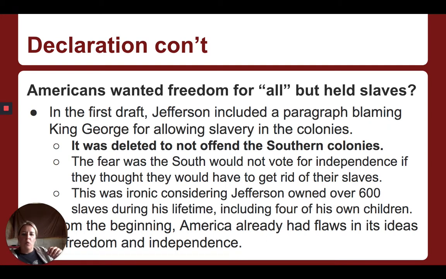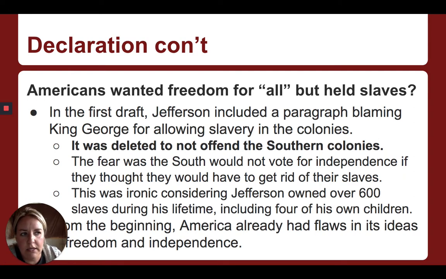So one of the things I do talk about in that clip is this idea of slavery. Ironically, Thomas Jefferson does bring up the issue of slavery, which is ironic because he himself was a slave owner his entire life. However, they decided at that point, even in the Declaration, to not really bring up the issue of slavery.